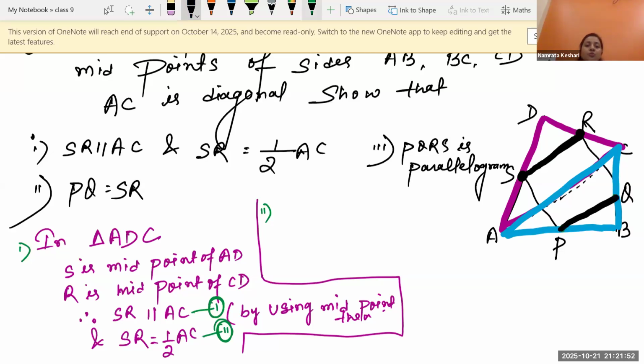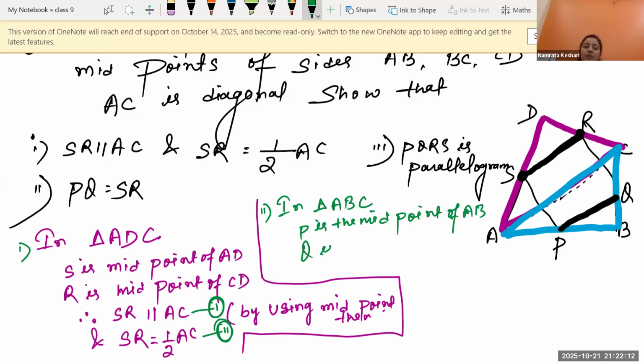Let's do it. We will say in triangle ABC, P is the midpoint of AB, Q is the midpoint of BC.